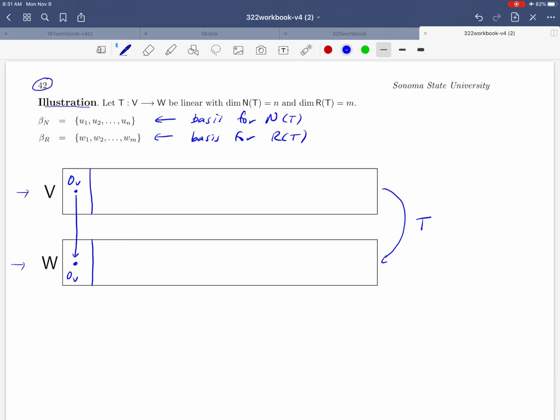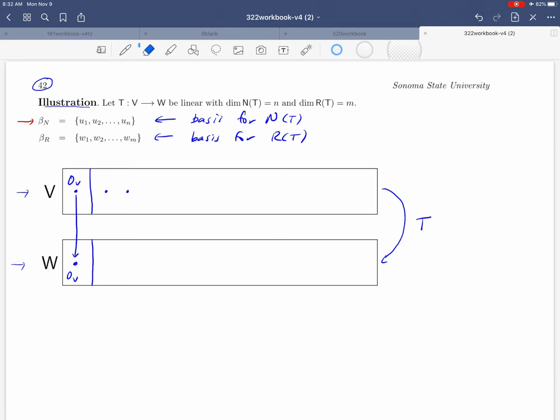Now let's see if we can figure out where these two bases belong in our diagram. Starting with beta n, that's a basis for the null space. Recall that a vector in the null space is a vector in our domain that maps to the zero vector. So u1 through un would go up here in our domain.